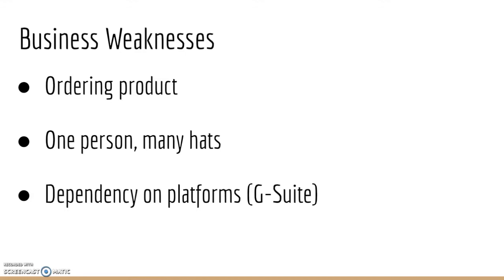Mylar and latex balloons cost differently. Mylar are the shiny ones, and latex are just the regular, globe balloons. Sometimes the supply company doesn't have them, and so she has to work around and find other suppliers or let the customer know, hey, that's not available. Can we try a different option? And most of the times they're fine with that, but that is definitely a weakness.